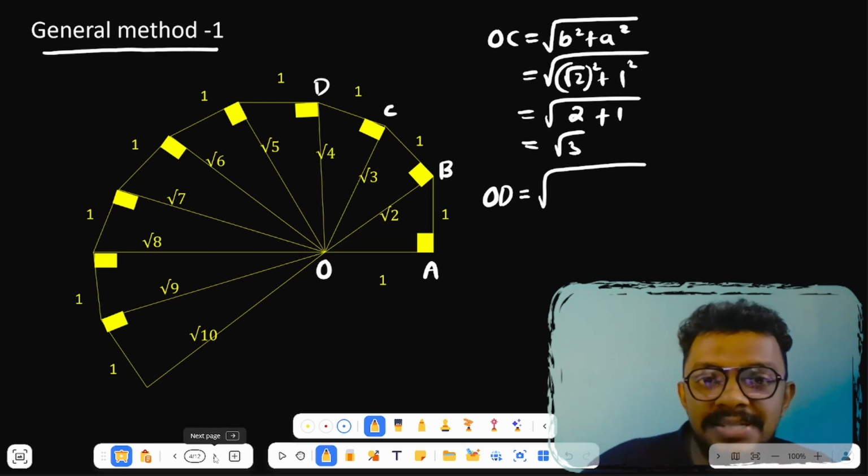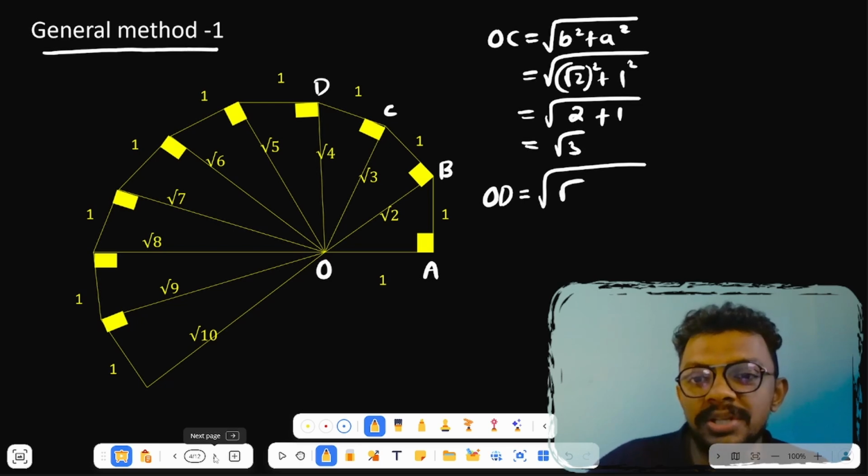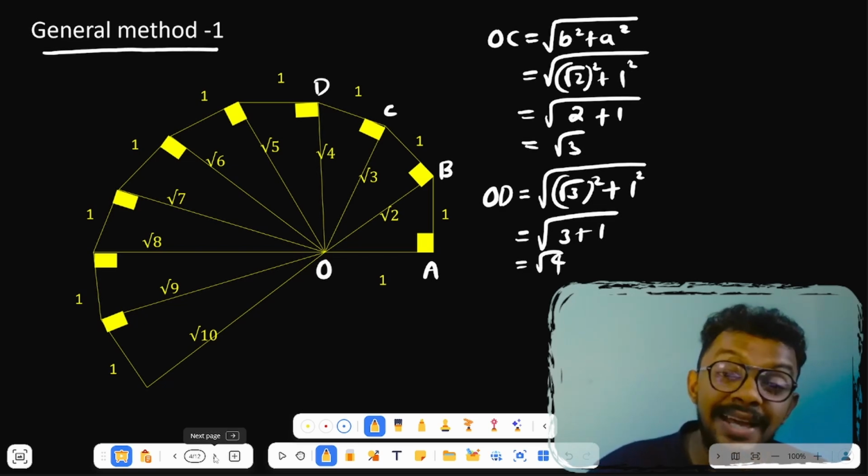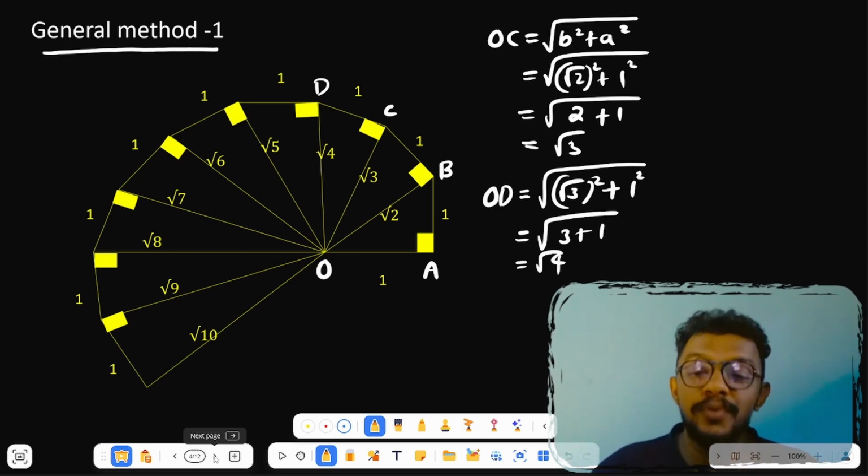In this case, base is OC, which is root 3, so root 3 square. CD is 1, so 1 square. This is equal to root of 3 plus 1, which is root 4 unit. I got OD as root 4 unit.